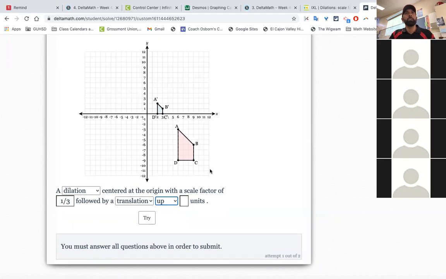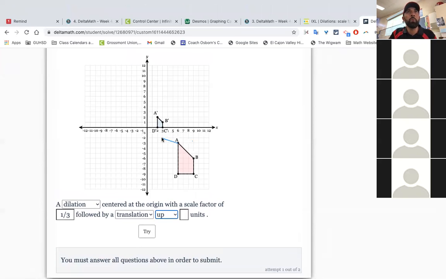Oh, I see. So the dilation is not only squeezing this thing and making it smaller, it's pulling it basically towards the center. So what's happening here is we're pulling it towards the center as we dilate.